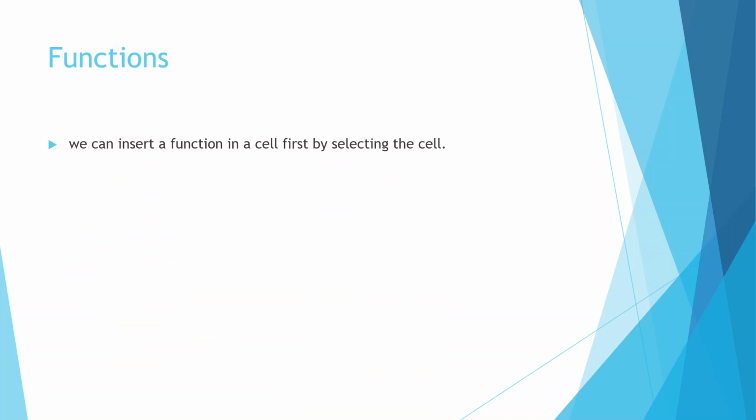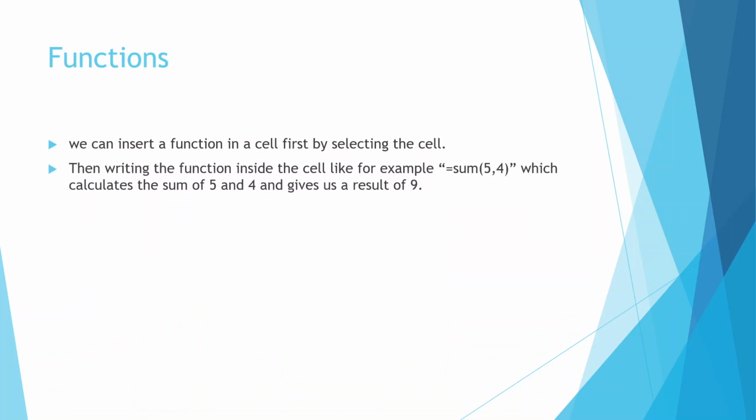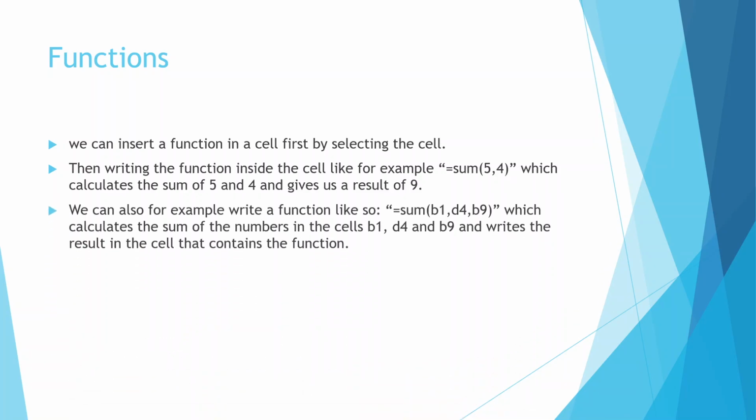Functions. We can insert a function in the cell by first selecting the cell, and then we write the function inside the cell, for example equals sum of 5 and 4. This calculates the sum of the numbers 5 and 4, and gives us the result 9.